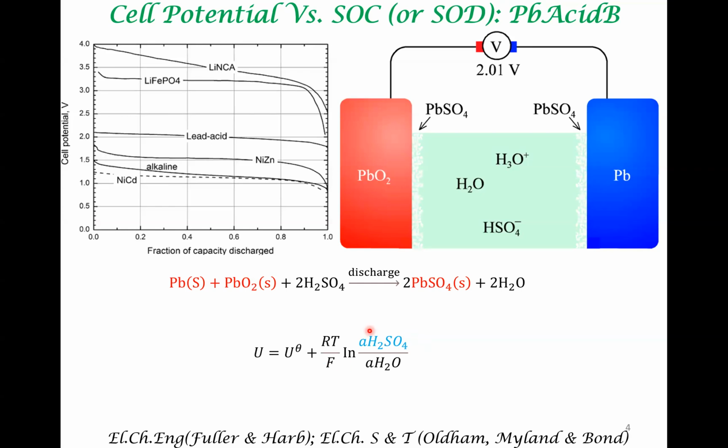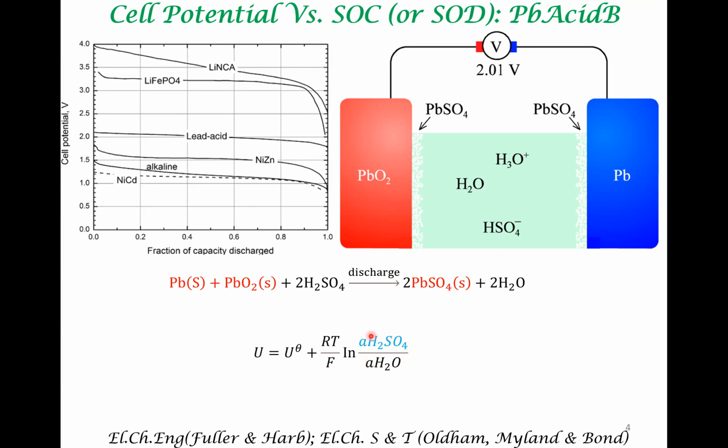All these aspects have been covered in the previous set of lectures under electrochemical thermodynamics. If you're unsure of these terms and how activity is correlated to potential, you have to look back at the lectures on electrochemical thermodynamics, which we have covered under the playlist Introduction to Electrochemical Engineering. In a lead acid battery, the concentration of H2SO4 is decreasing, with corresponding changes in the concentration of water.